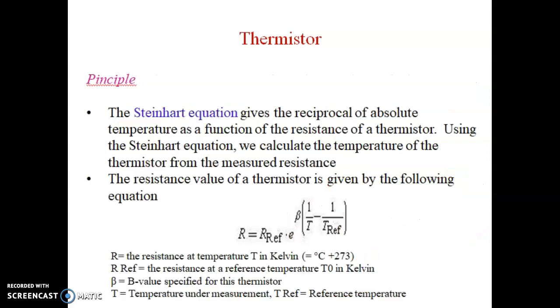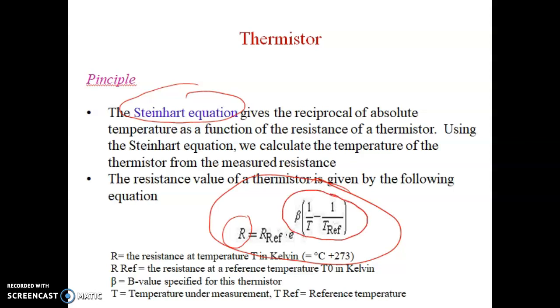Thermistors are based on the Steinhart equation. In this equation, a relationship is established between the resistance and the reciprocal of the temperature. Using this equation, we calculate the resistance of the wire, and that resistance is calibrated to the temperature.